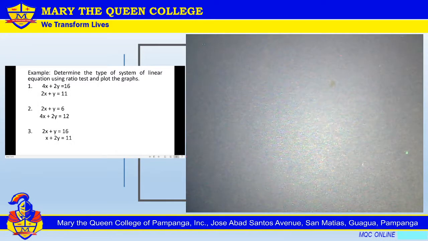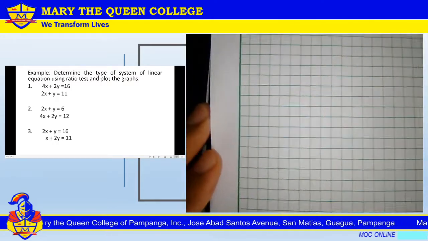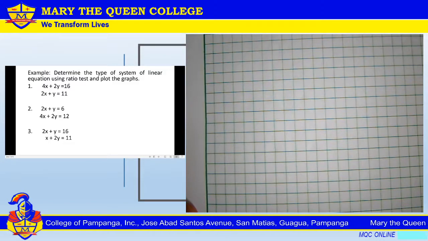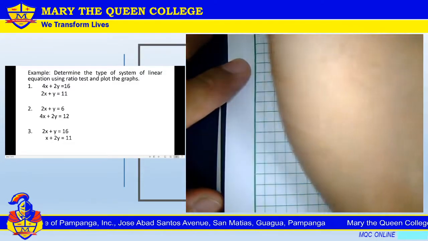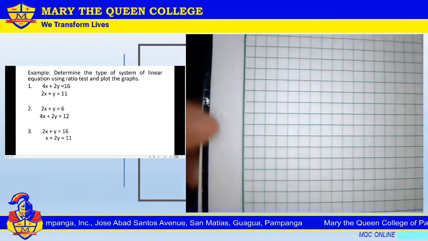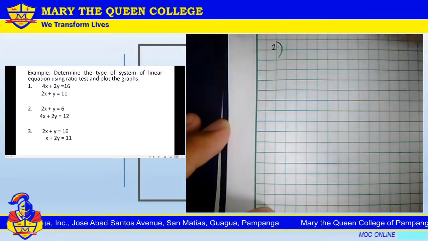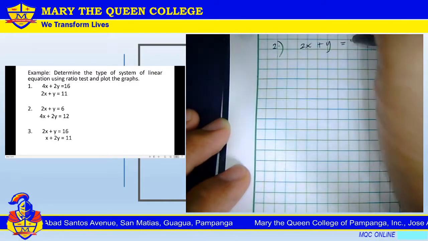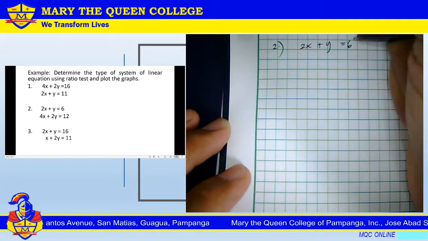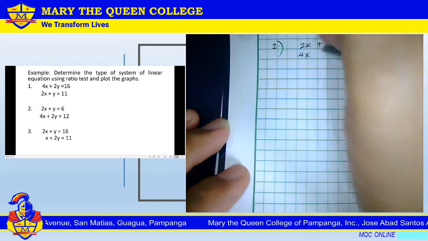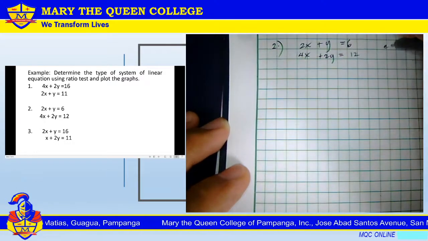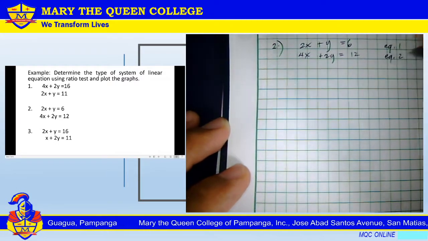For our next example, we have 2x plus y equals 6 and 4x plus 2y equals 12. This is our equation 1, this is our equation 2.